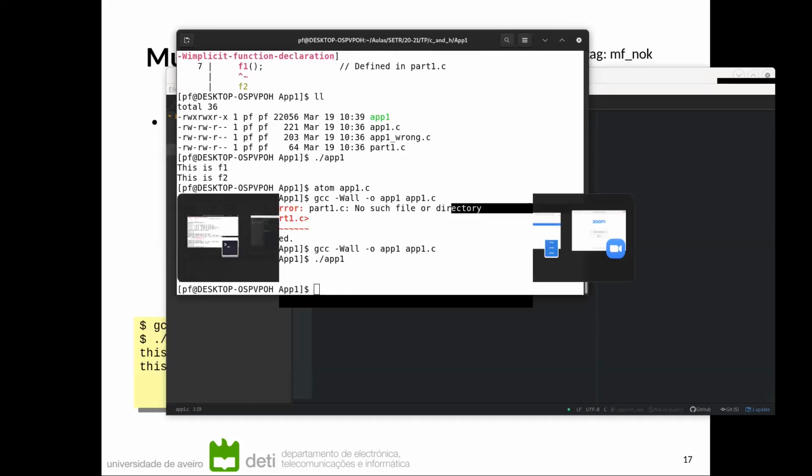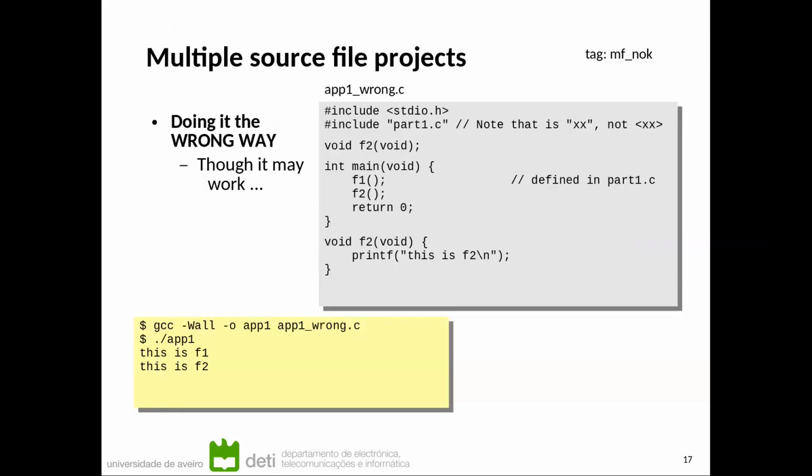Now, an important thing that we will see further on. This thing works, but this is the wrong way of doing things. The compiler accepts it, doesn't issue any error. In what concerns correctness of the C language, this is syntactically correct. There is no problem with that.